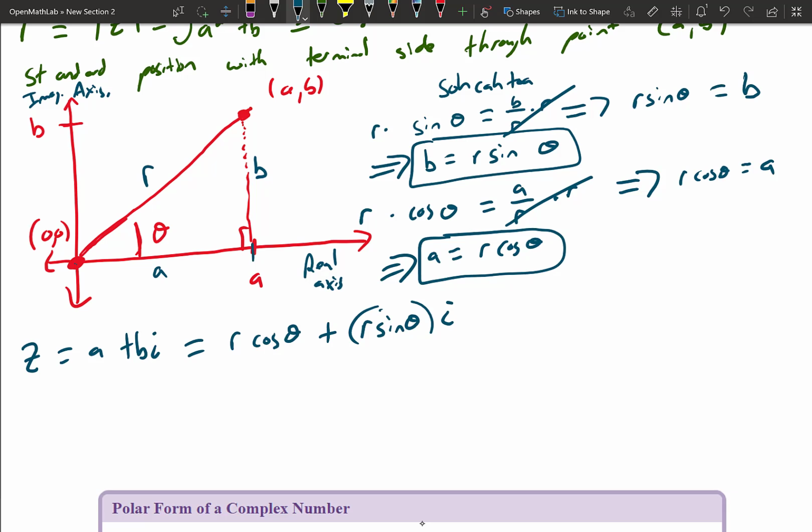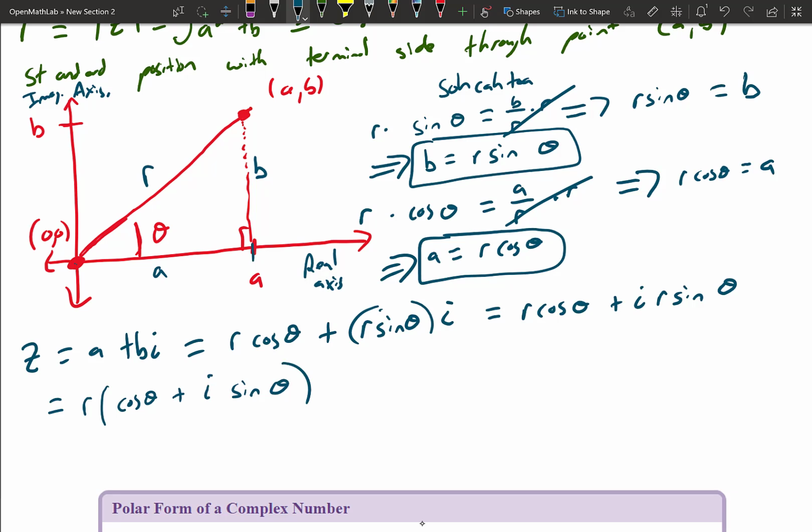But it might be a little more convenient to write it like this, r cosine theta plus i r sine theta. Right, so we'll just put the i in front here. It just makes it look a little better, so I know i is not inside the trig ratio sine. And then now I could factor out an r, so that gives me r times cosine theta plus i sine theta.